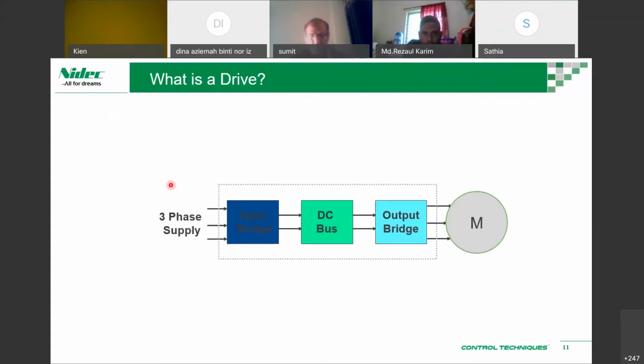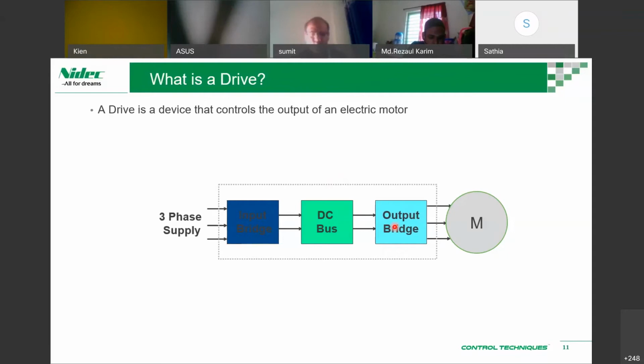So this is a visual representation of a drive. We have an input. Typically when we are doing DOL starters or star delta, we have the star delta panel and then we have the motor. But when we're talking about a drive, you have an input bridge, a DC bus, an output bridge. A drive is a device that controls the output of an electrical motor.